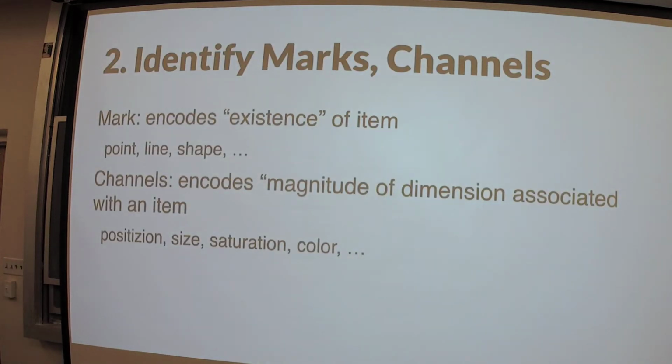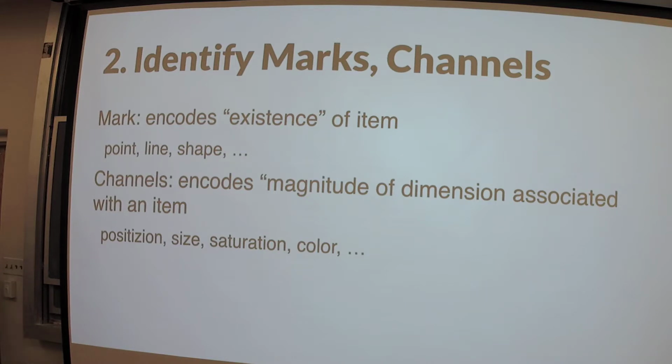After you've identified the data and the intention, you should also think about marks and channels, using the vocabulary we talked about. Recall that a mark encodes the existence of an item. It can be a point, a line, a shape, or a volume.